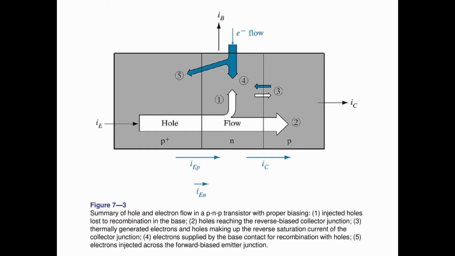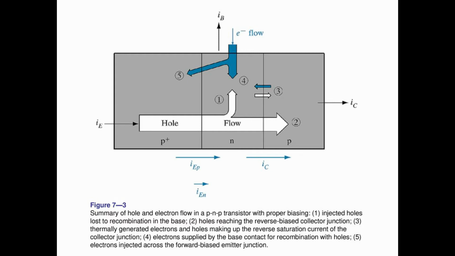Now, the third mechanism that can take place is that some thermally generated electrons and holes can make up the reverse saturation current. And the fourth one is that electrons are supplied by the base contact for the recombination with holes.